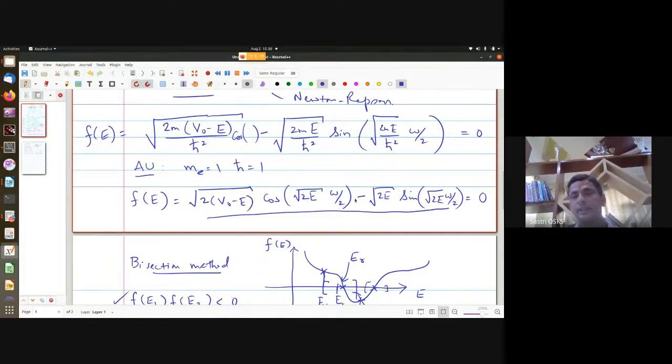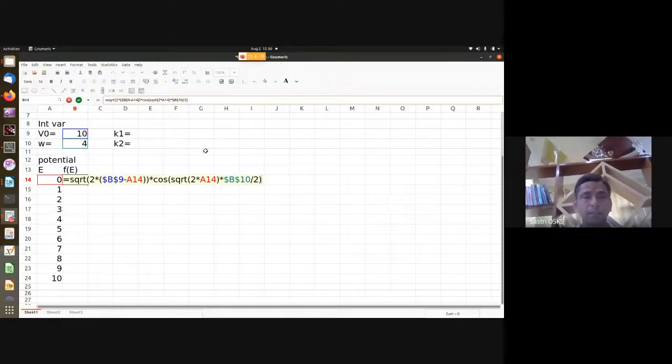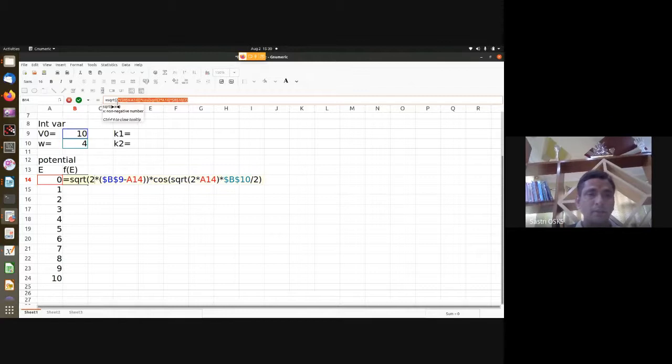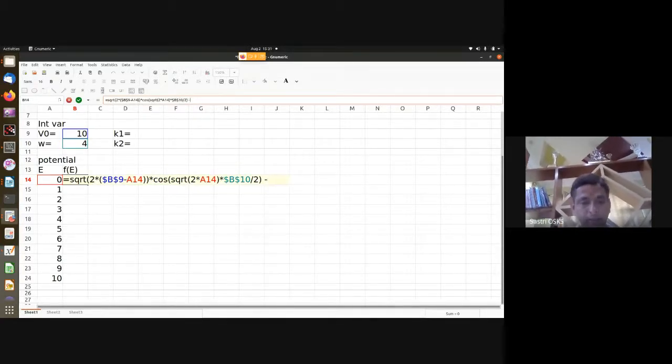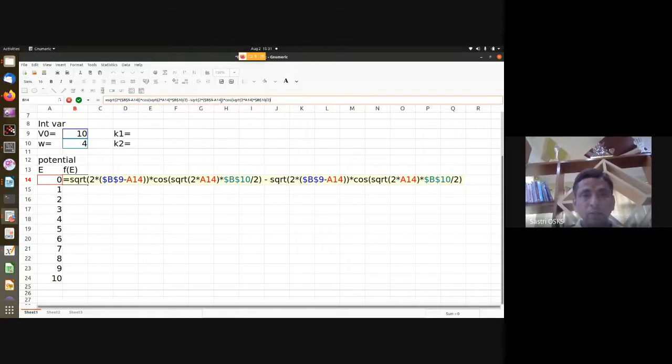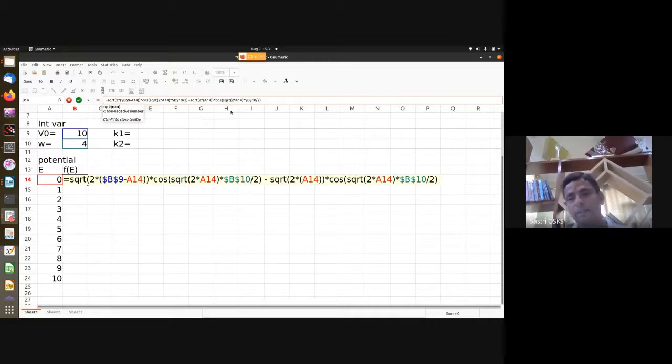Okay, so that is the first part of the function. The second part of the function has a minus sign. So what I can do is just copy this so that I don't need to type the whole thing again. Control C, minus, Control V. Now square root of 2 star E, so I should remove this, and that is A14. Okay, and cos of this, correct?